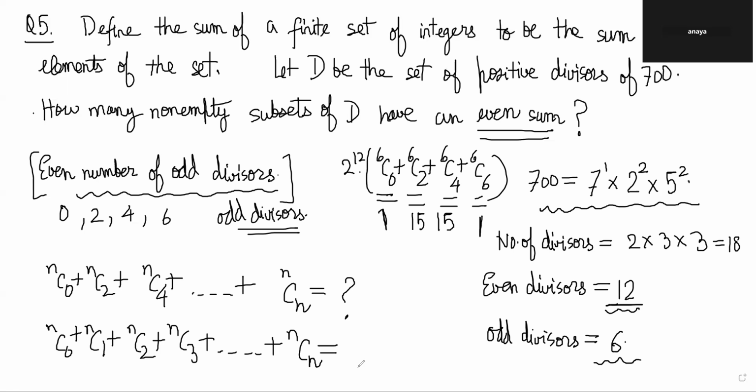This is very standard information that everyone needs to know. How do you not know the sum of NC0 plus NC1 till NCN?